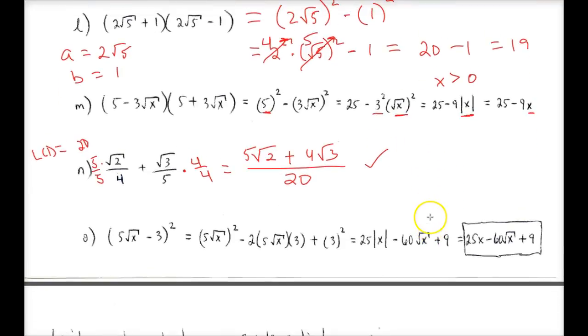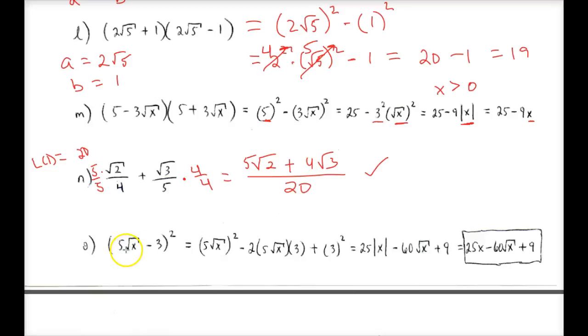Moving on to example O, we see that we have 5 times square root of x minus 3 quantity squared. Instead of doing the FOIL method, which I could do if I wrote this out as 5 times square root of x minus 3 times 5 times square root of x minus 3, and eventually I would get what I'm showing you here.